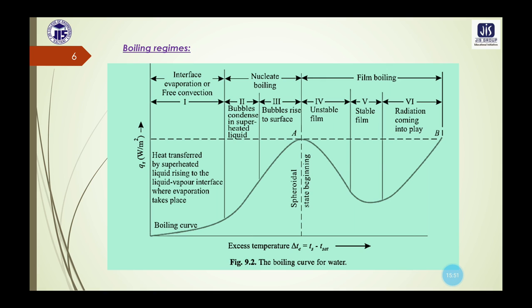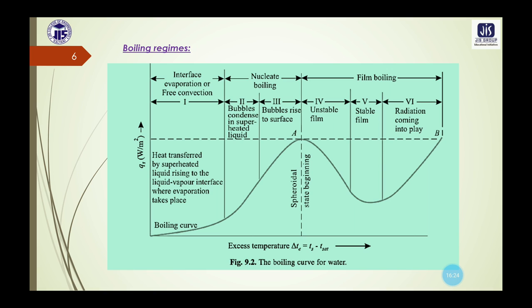And next we have zones 2 and 3, which fall under the nucleate boiling zone. In this diagram you can see that with the increase in the excess temperature, delta TE, the formation of bubbles on the surface of the wire at certain localized spots commences.